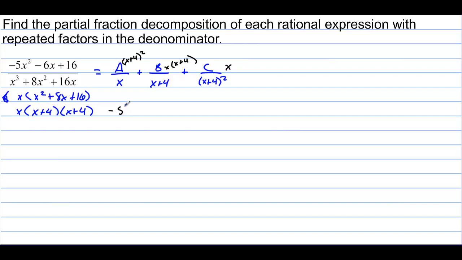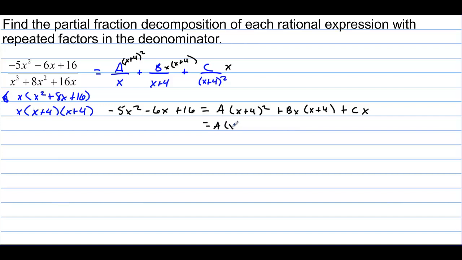Well, now we have negative 5x squared minus 6x plus 16 is equal to a times x plus 4 squared plus bx times x plus 4, and then plus cx. In this one, we have to multiply everything out on the right side.